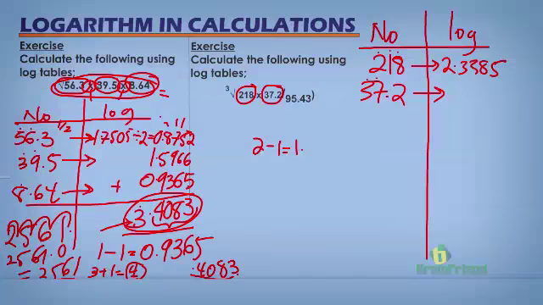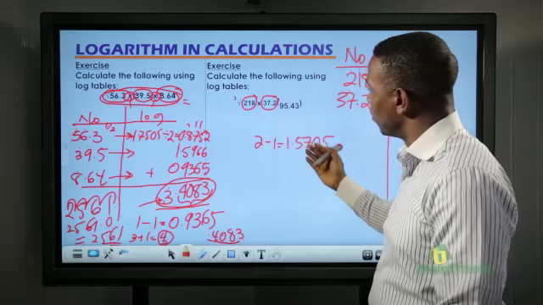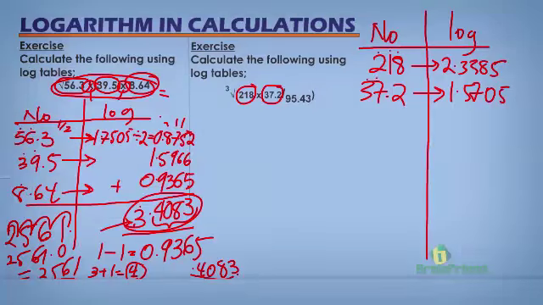It means therefore that the logarithm of 37.2 is 1.5705. Let's get this value into our table. Now we have values for both numbers in our numerator.